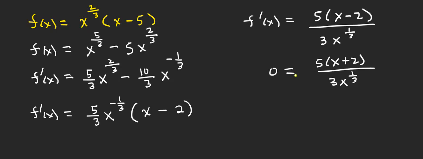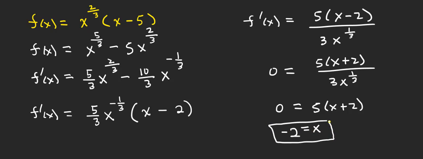It equals 0 when, okay, let's cross multiply, x equals negative 2. And notice that at negative 2, the denominator is still defined.